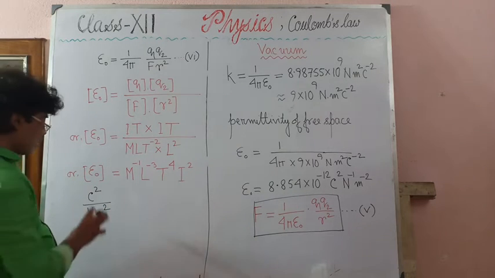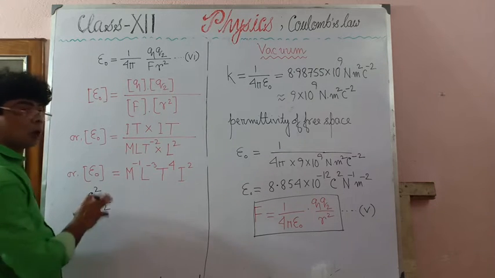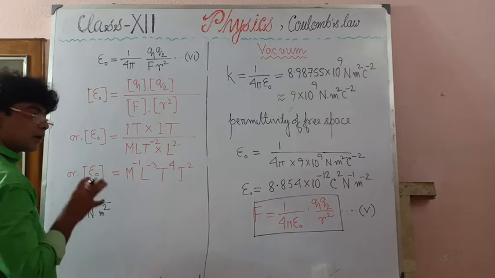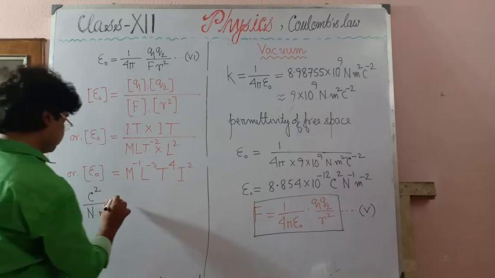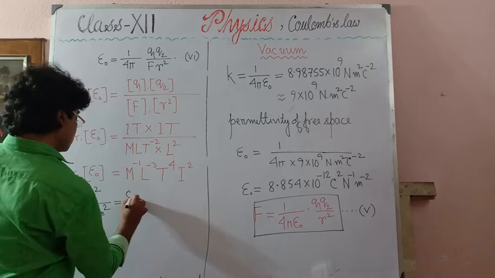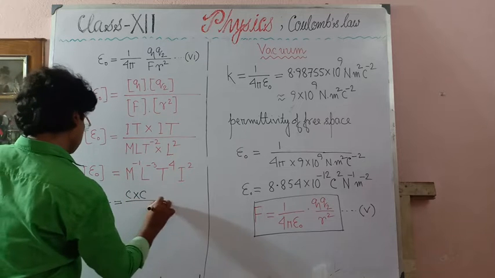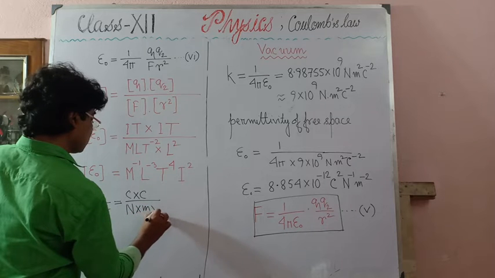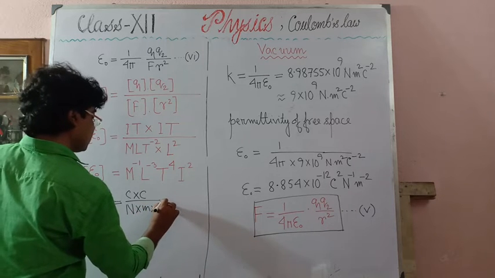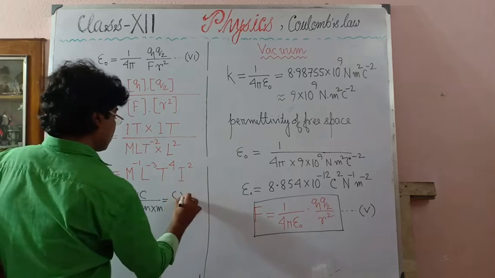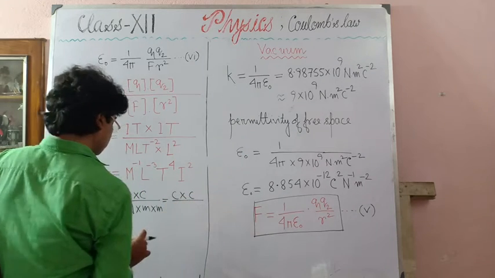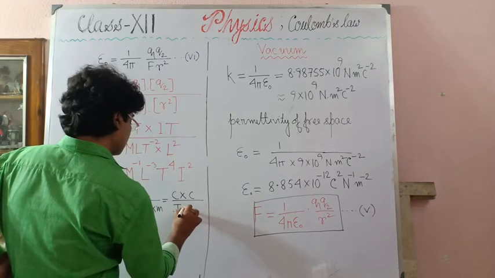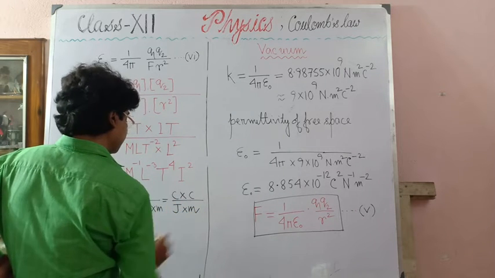Now, this is the unit of epsilon 0. We can write this unit as Coulomb into Coulomb by Newton into meter, which equals Coulomb by Joule into meter.